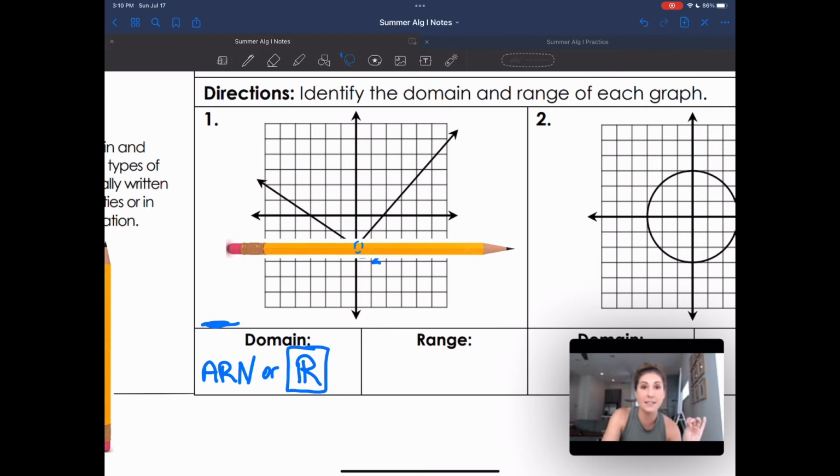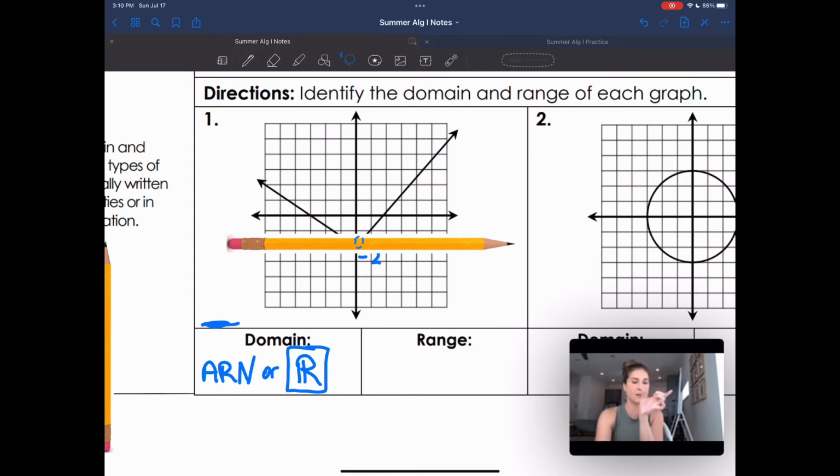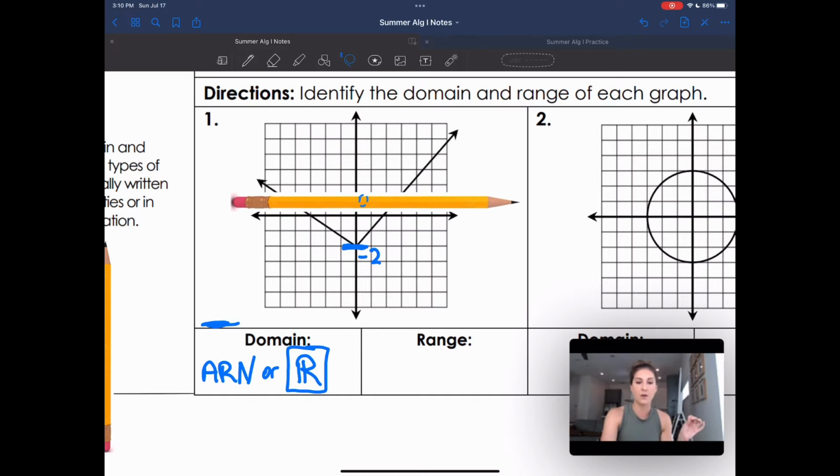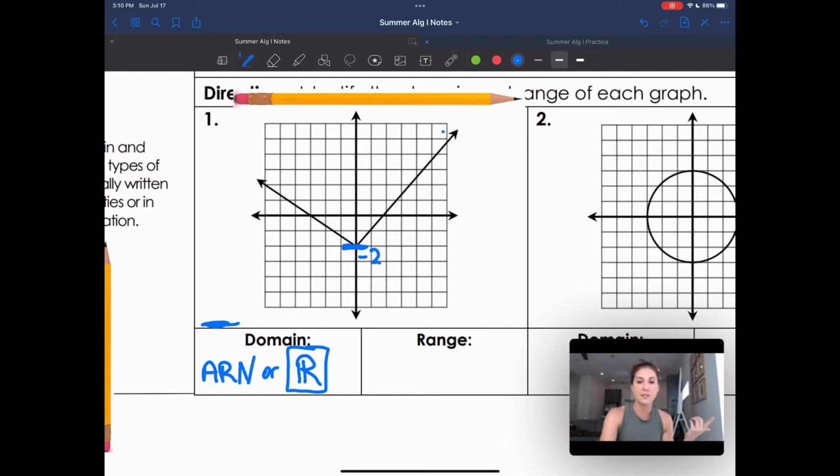So boom, it hits it at -2, and then keep in mind that pencil is imaginary, right? It's extending forever in both directions. So it's definitely hitting the graph at all these points, and it's still going to hit it forever and ever, because this graph keeps going up in both directions. Yes, it's going out, but it's also going up forever and ever.